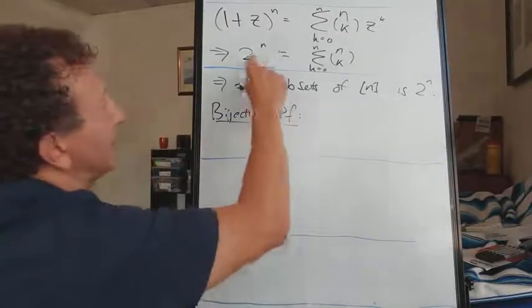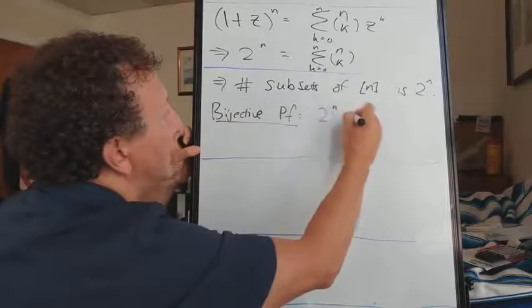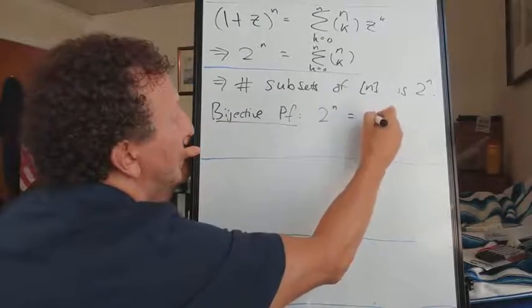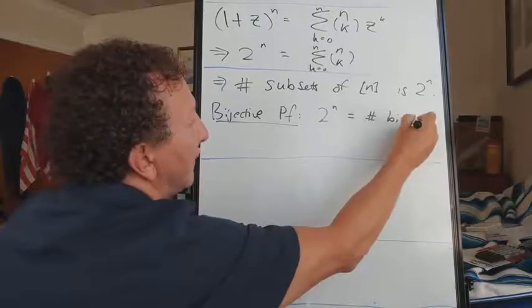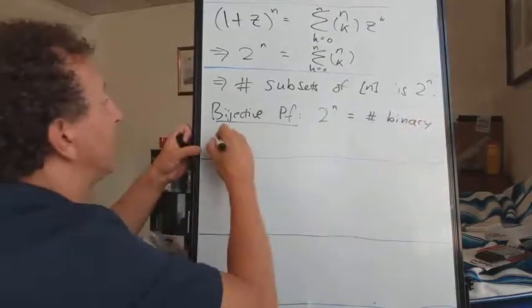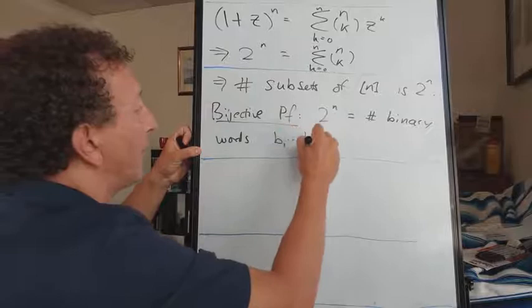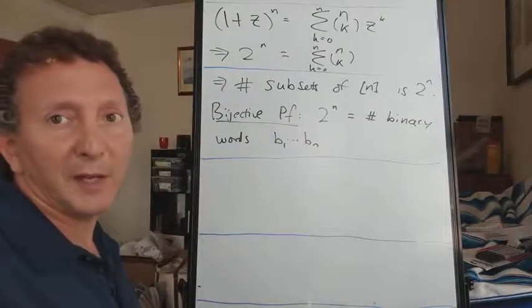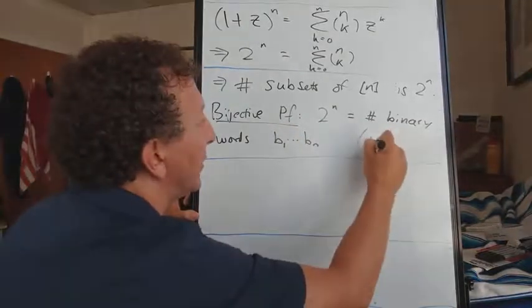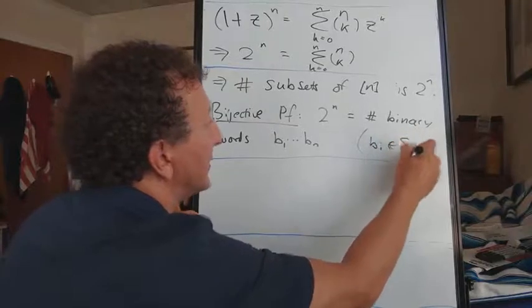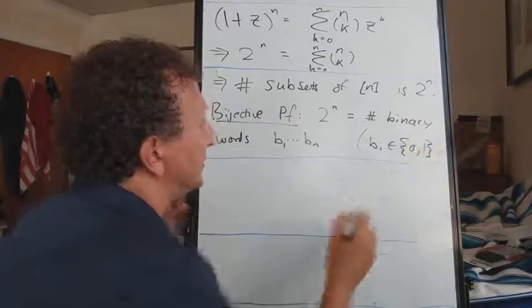We start with the left-hand side. 2^n is the number of binary words of length n, b1 through bn, where bi is 0 or 1.